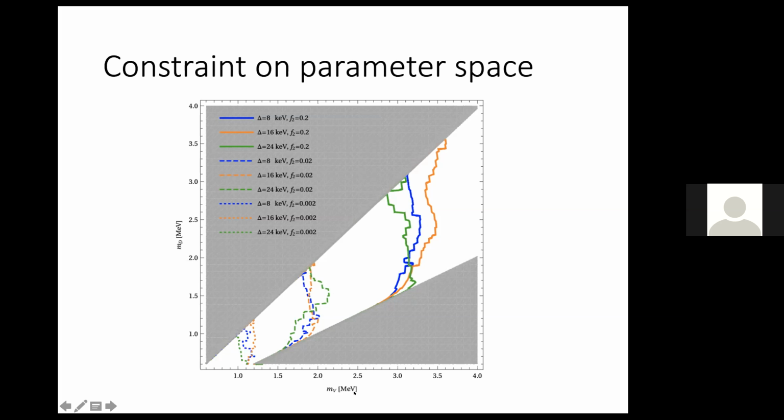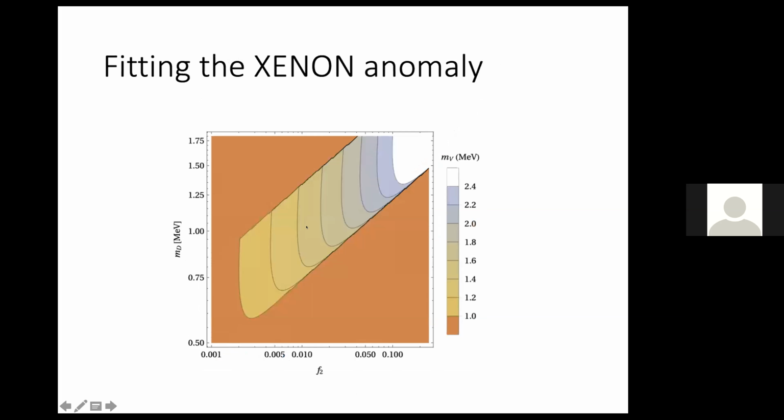This shows the best fit region for different values of M dark and MV, and also F2. The x-axis is F2 and the y-axis is M dark, and this is the best fit region for MV. So with these choices we can fit the signal.